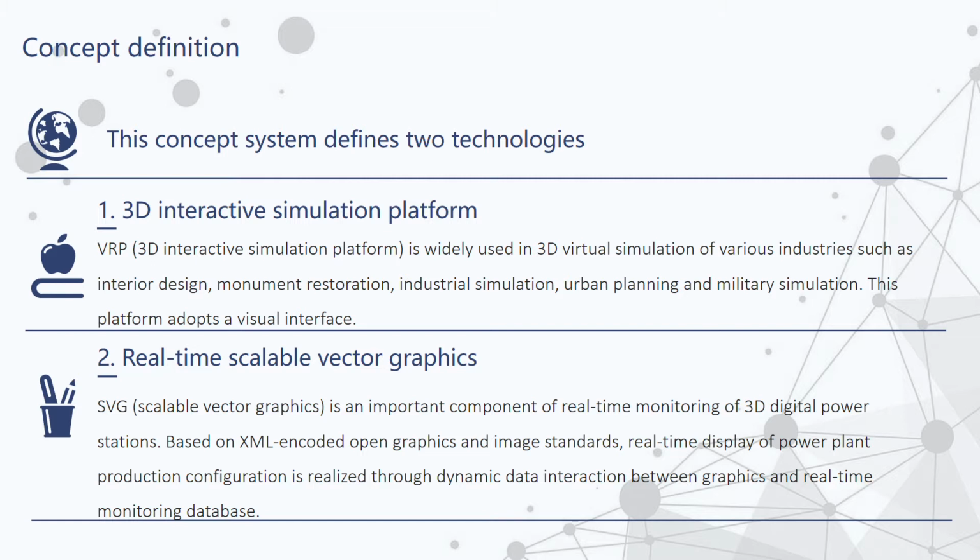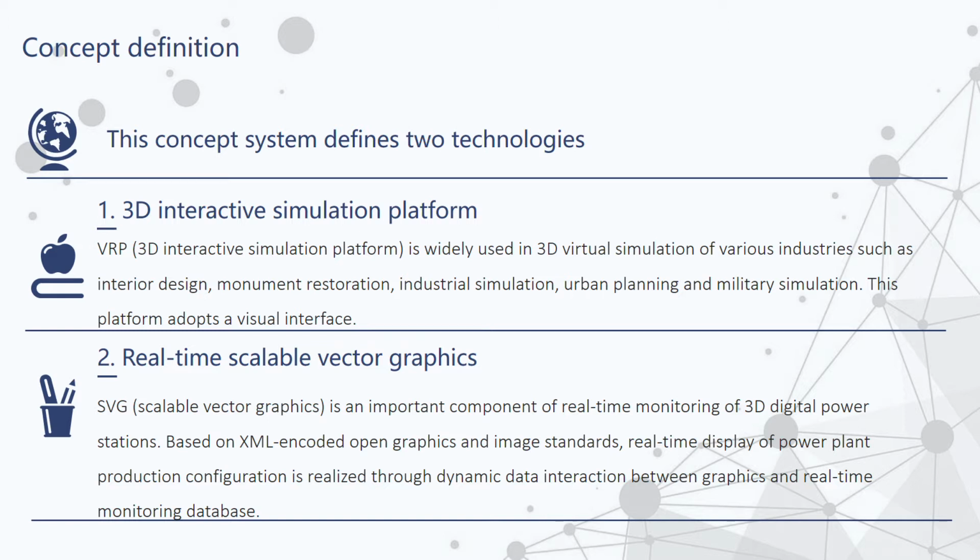The third one is that SVG conforms to the common graphics exchange standard for power station systems. The SVG graphics used in the power station real-time monitoring system can be derived from the existing data acquisition and monitoring system of the power station without rerunning.